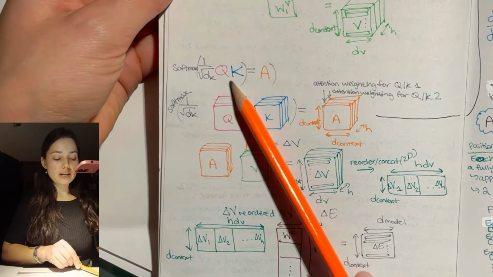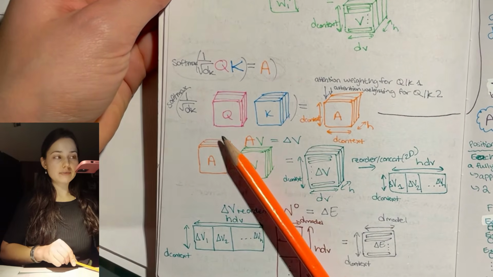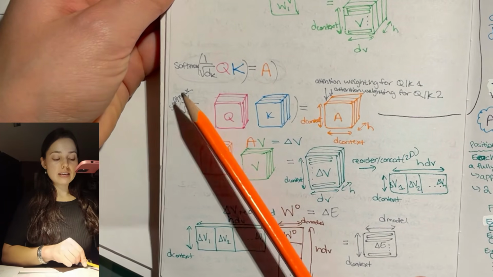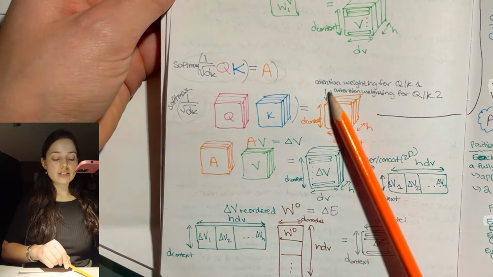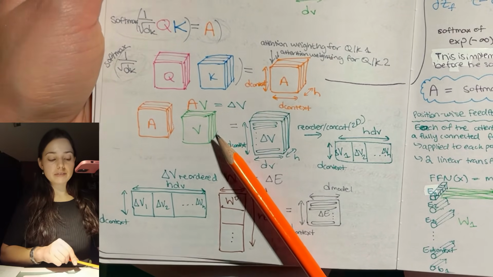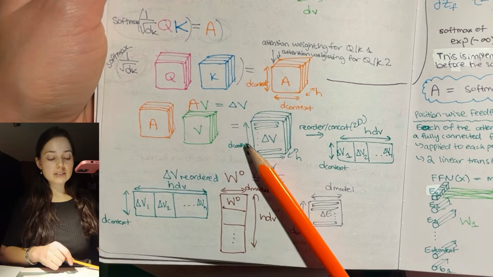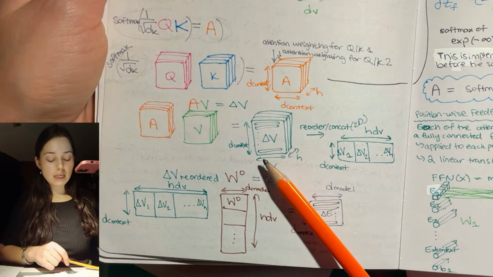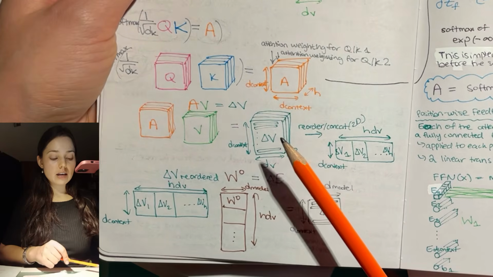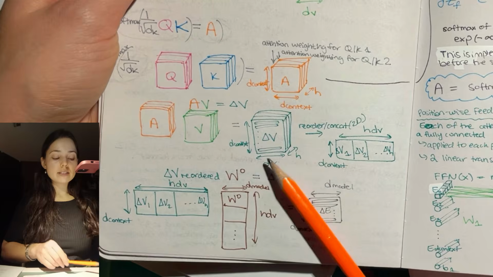We do the dot product, we scale it, we softmax it, and that gives us our attention block. So that's the query dotted by the keys, multiplied by the scaling, softmaxed. Then we take that attention block, multiply it by the V's, which are the transformations in the dimension space, and we apply it, and then we get this dV: the shift in the embeddings in dV space.